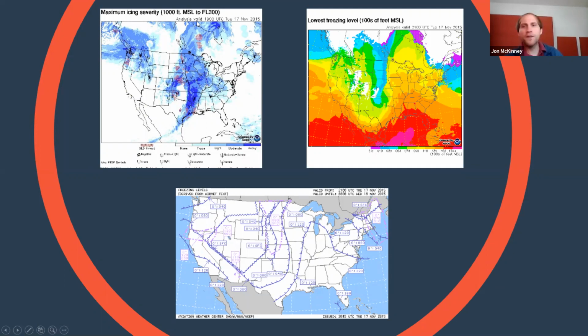The problem with this picture, it tells you right here in the title, this particular pilot who brought up this icing product, they're analyzing a very large segment of the atmosphere. They're analyzing 1,000 feet MSL up to flight level 300. So they're analyzing 29,000 feet worth of atmosphere.